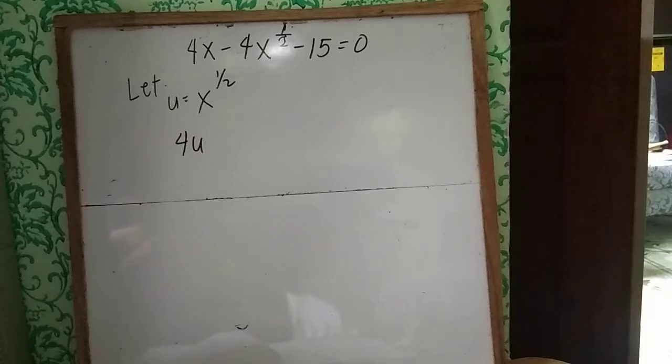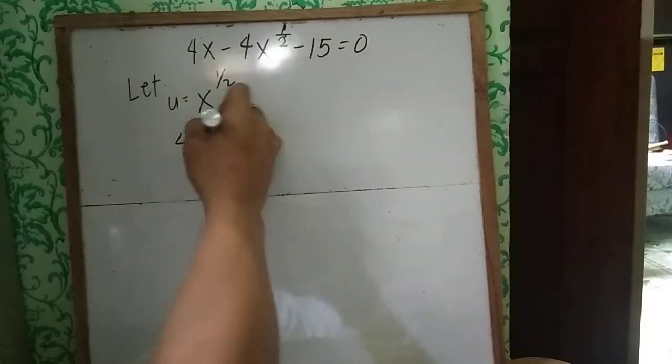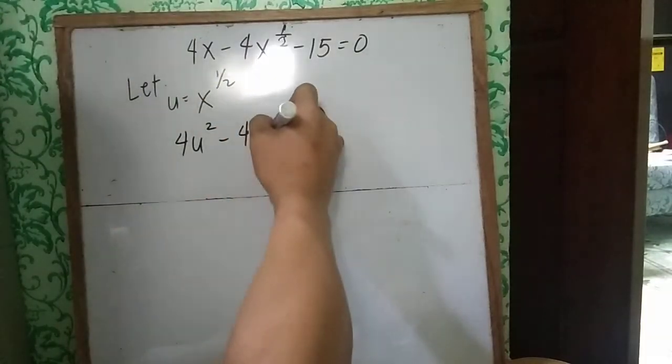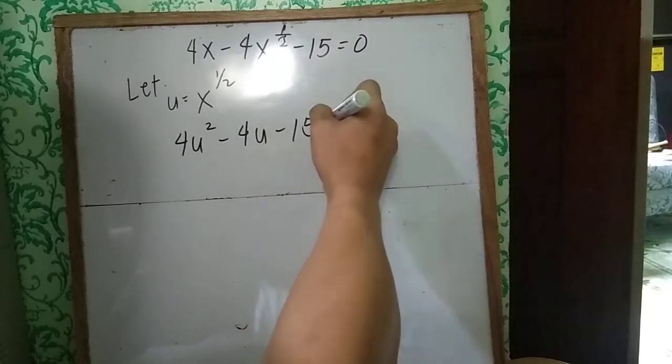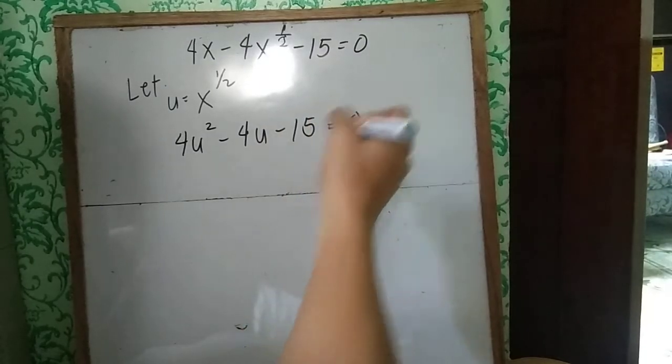So it becomes 4u squared minus 4u minus 15 is equal to 0.